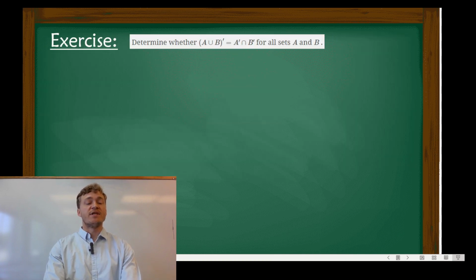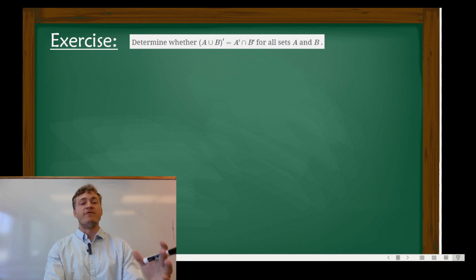The following exercise: determine whether the expression (A union B) complement is equal to the expression A complement intersect B complement for any two sets A and B. To get a visual of this, we want to consider creating a Venn diagram for the left side expression as well as a Venn diagram for the right side expression.